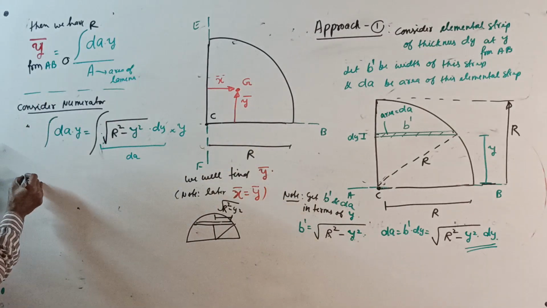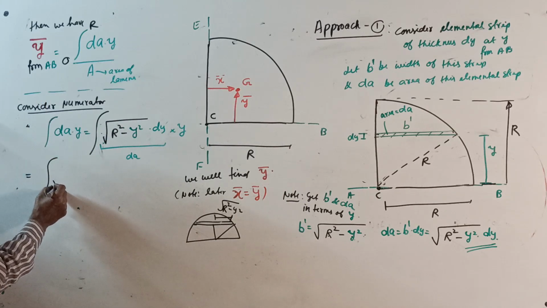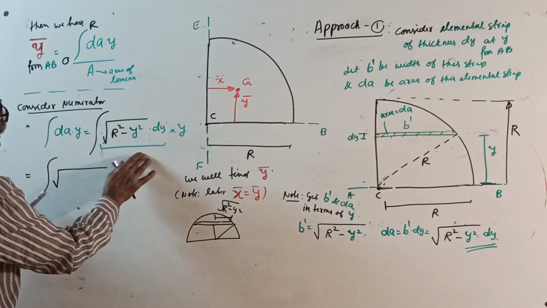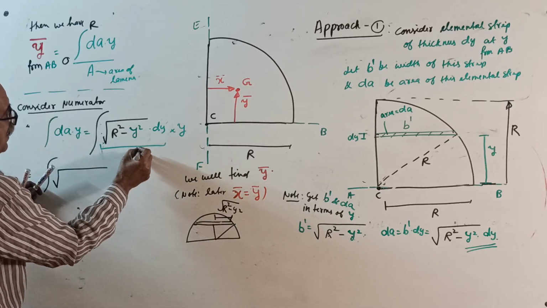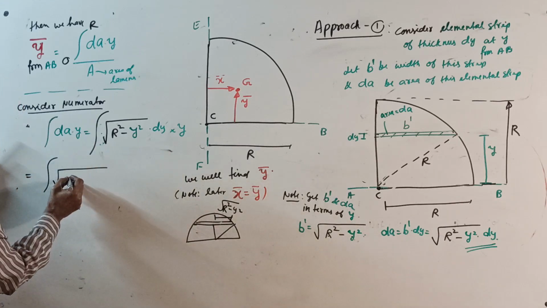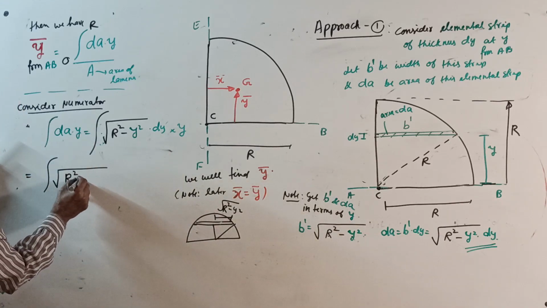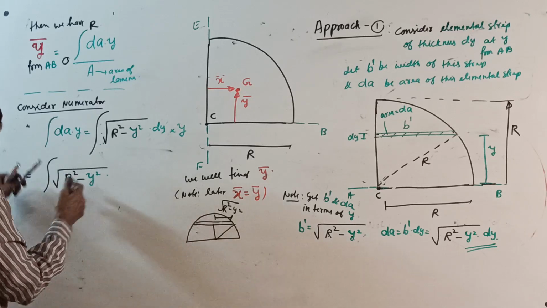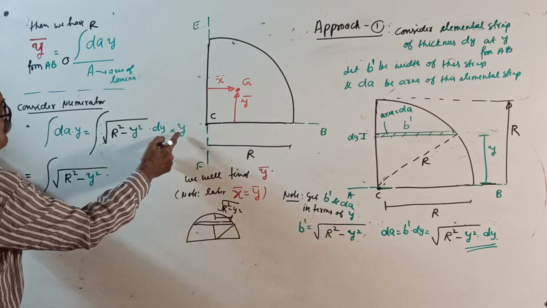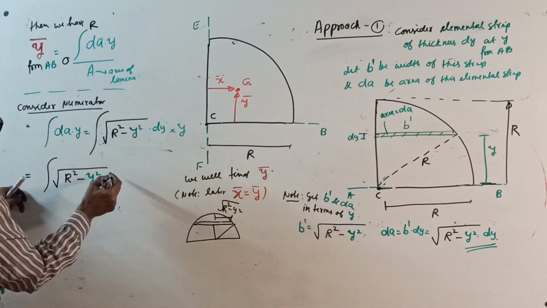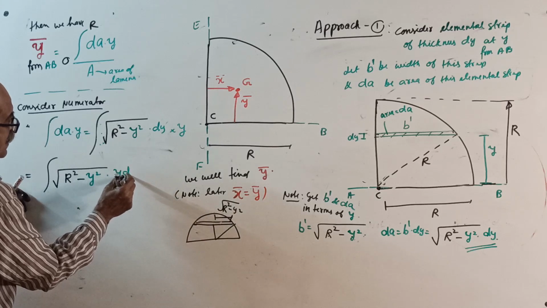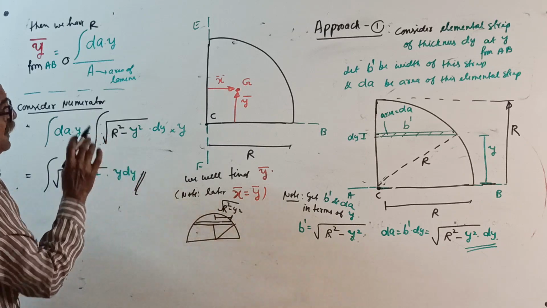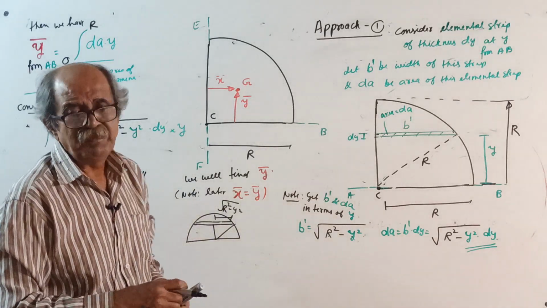So it equals integration of root of r square minus y square into, last time you got 2y dy, this time only y dy. Let it be there. Now go for mathematics.